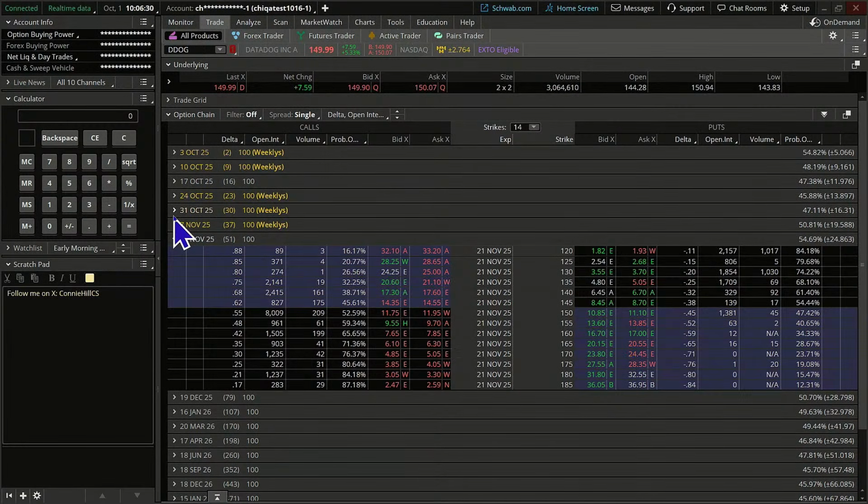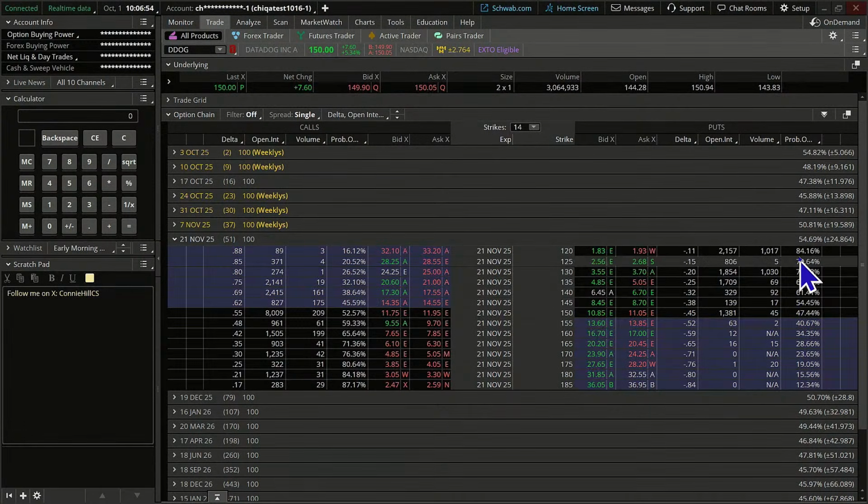So in my columns here, I am going to just point out what we've got. We've got our delta, the open interest, the volume today, and then this column here, probability OTM, which stands for the probability of the option expiring out of the money.